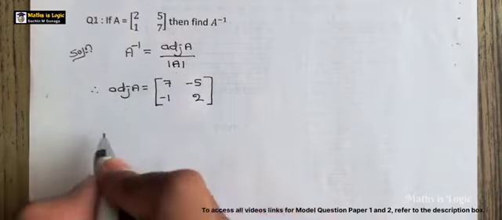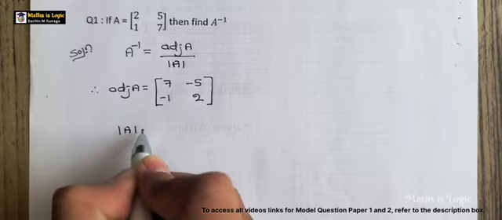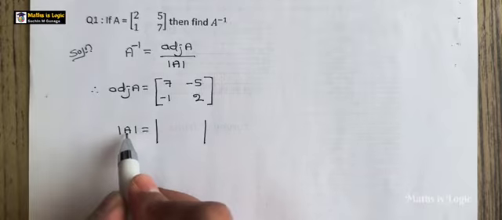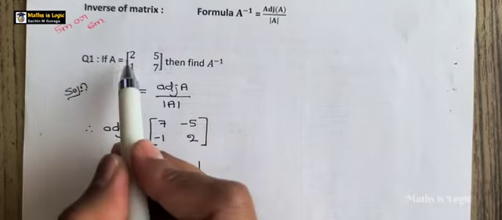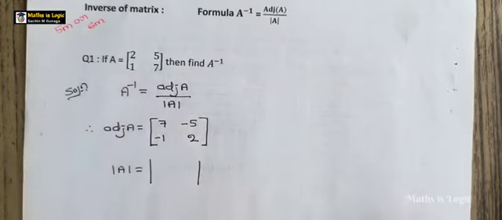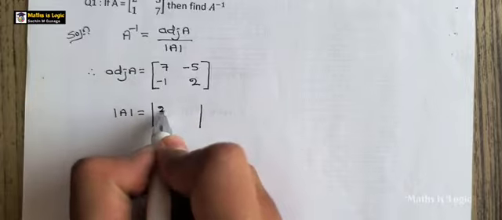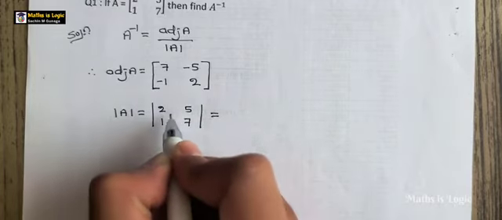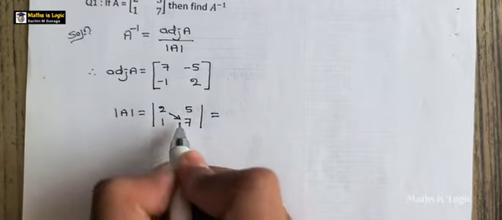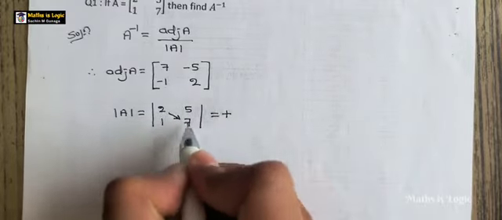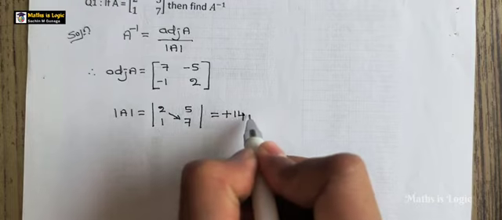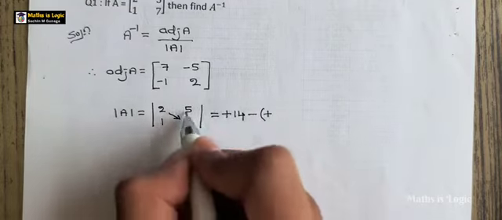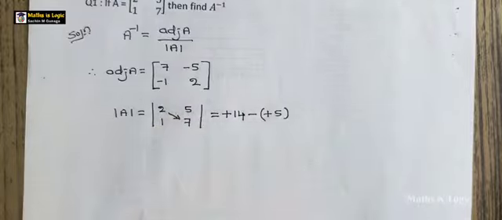Next, find the determinant of A. Determinant of A is equal to the determinant symbol, keep it as it is, substitute the A value. What is that A value? 2 5 1 7. Apply the second order determinant rule, cross multiplication: plus into plus, plus 2 into 7 is 14, minus plus into plus, plus 1 into 5 is 5.